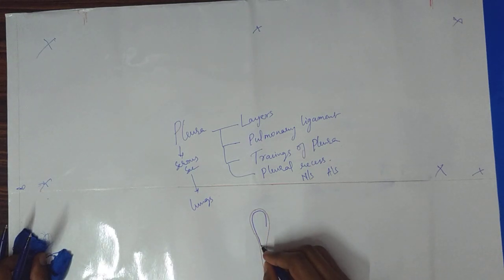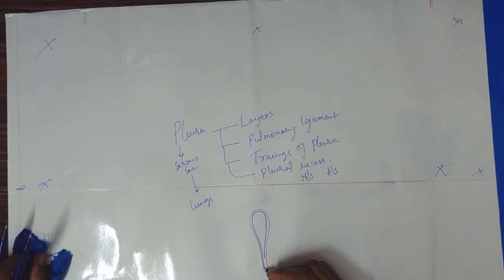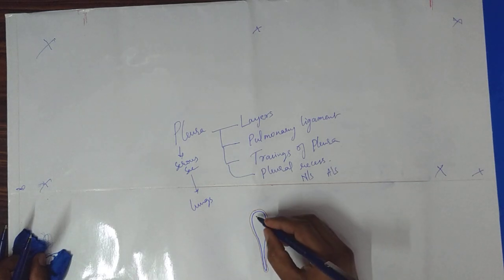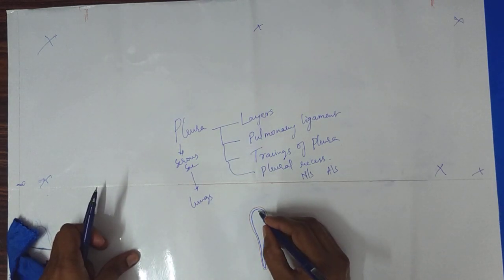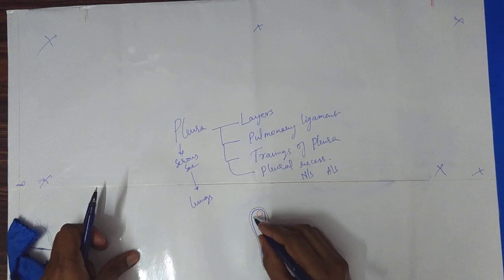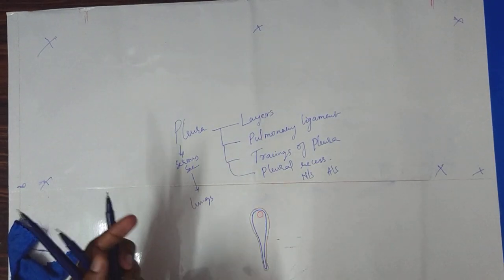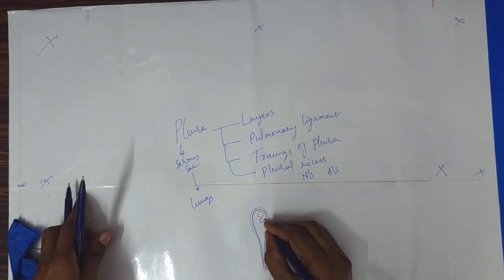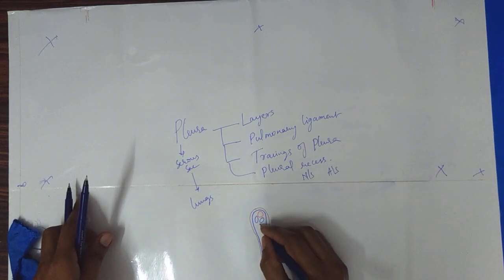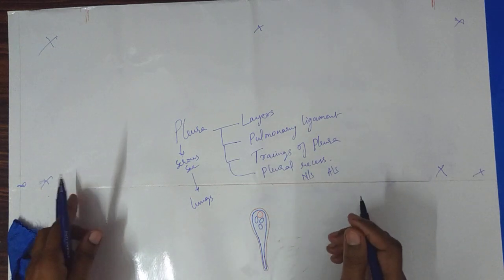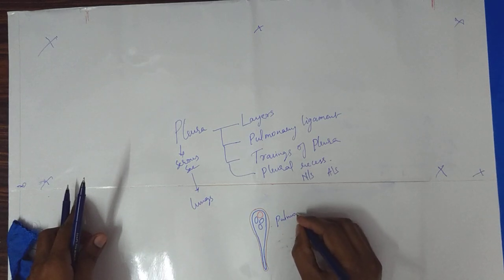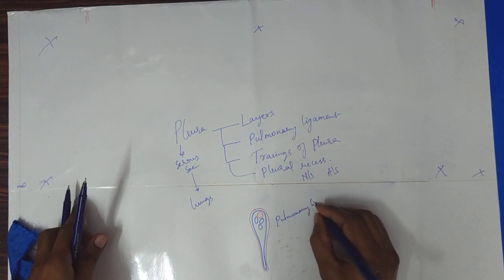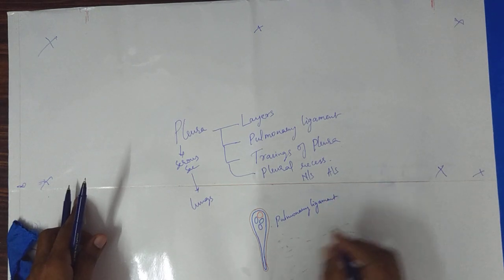This is something like the cuff of a jacket hanging down over your wrist, and at the wrist part you have structures entering the lung, like the bronchi, pulmonary veins and pulmonary arteries. This is the pulmonary ligament, seen in relation with the root of the lung.